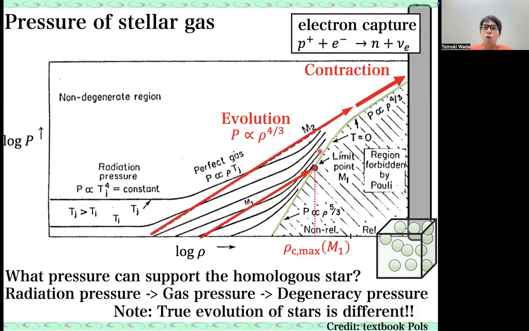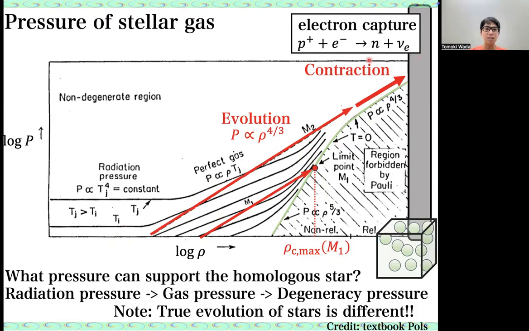Okay, let's consider one massive case. Start at here. In this case, the star, along contraction line, evolves following this relation. But in this case, this red line does not encounter these green lines and just continues contraction.